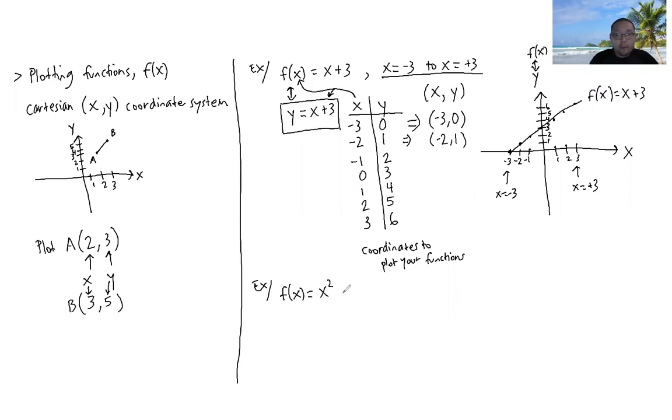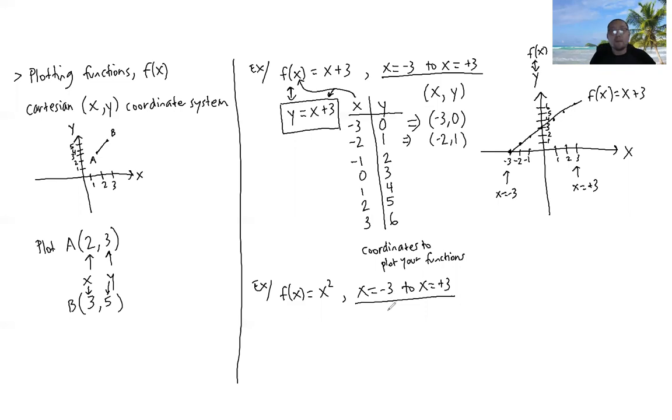Evaluate this function on the interval from x equals -3 to x equals +3, just to keep things simple, okay? So go ahead and take a second to do this problem.